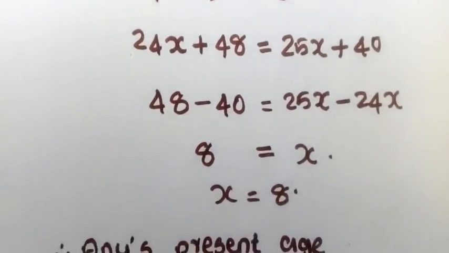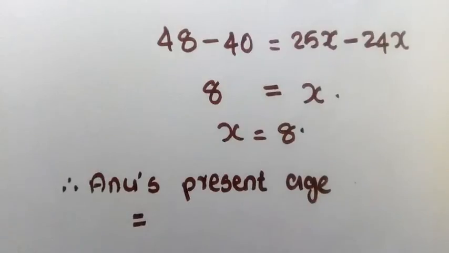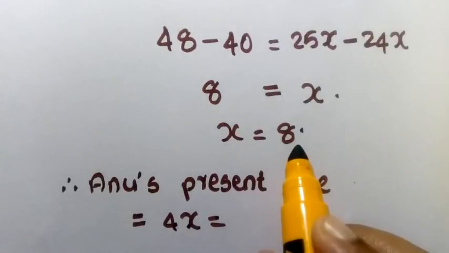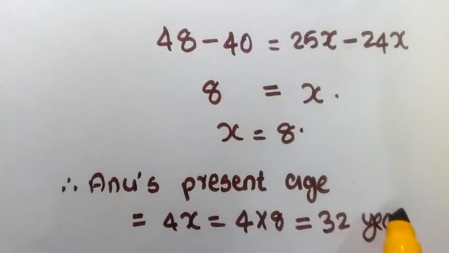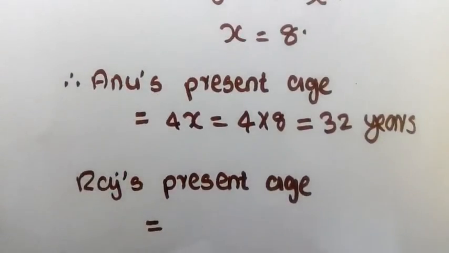Therefore, Anu's present age is equal to, we taken it as 4x. Now we got the value of x, that is 8. So which is equal to 4 into 8. 4 8s are 32 years. Next, Raj's present age.